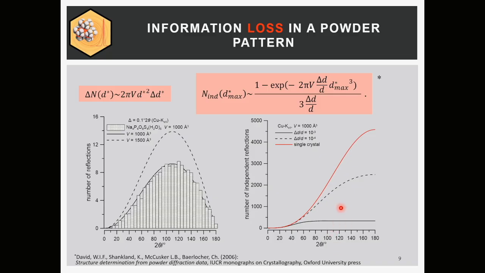So the next little figure here on the right side is actually showing exactly this for this particular example. It says, okay, when you have a single crystal, how many independent reflections you can get out of your powder pattern, and in this case, it's 1,000 cubic angstrom, and you see when we measure up to, let's say, 100 degrees 2 theta, we end up getting something like 2,500 independent reflections.